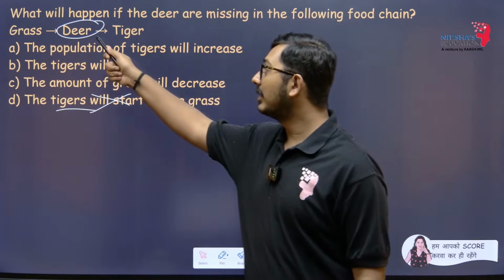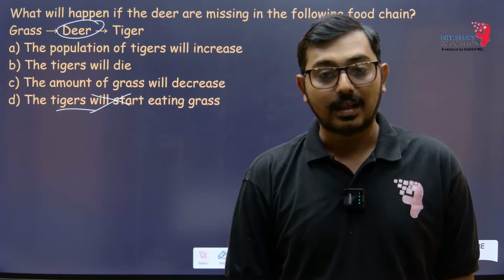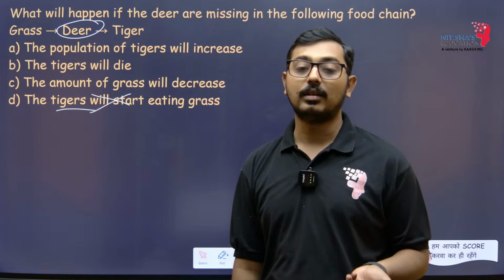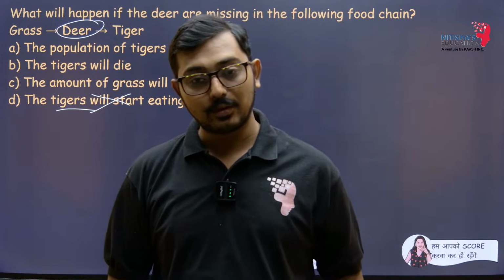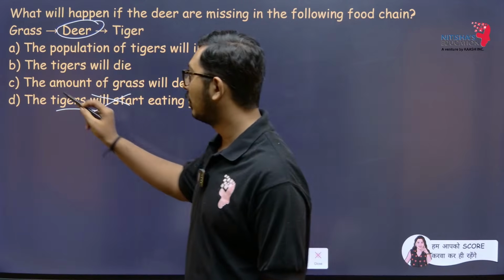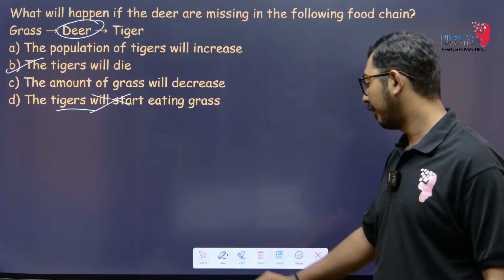If the deer has been discarded from the food chain, tiger would have nothing to eat. If tiger has nothing to eat, what will happen to the health of the tiger? Obviously, it is going to die. So the appropriate answer for this question is the tigers will die.